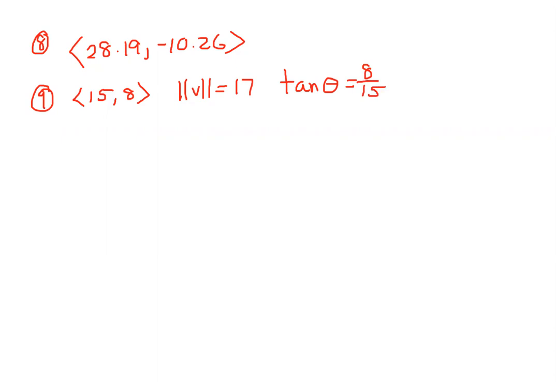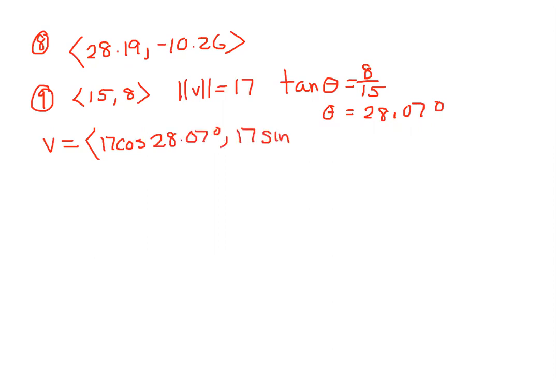What quadrant is 15, 8 in? It's in the first quadrant, so you can just take the angle that your calculator gives you, which is 28.07. So to put this in trigonometric form, we say v equals 17 cosine of 28.07, 17 sine of 28.07.